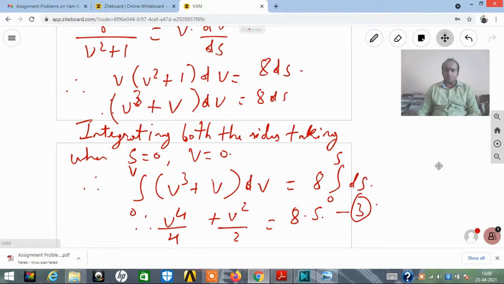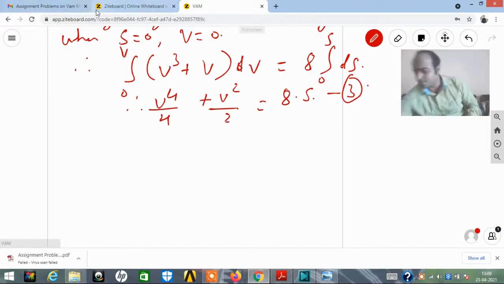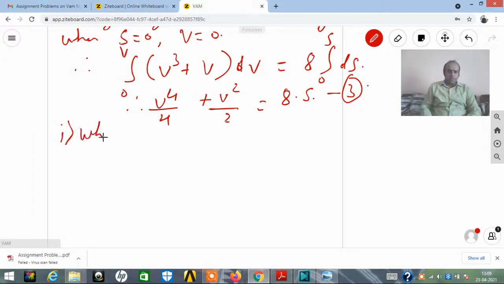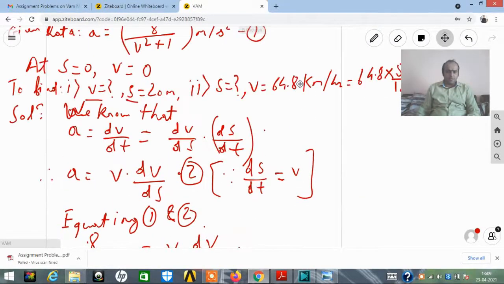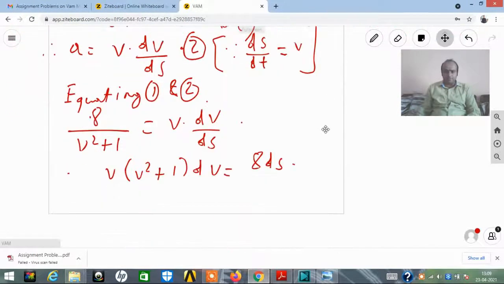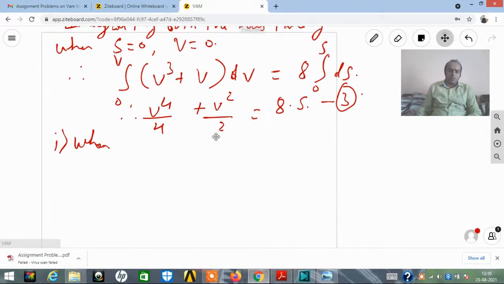Now we just need to substitute the values to get the answers. First, the first condition in the problem: we are supposed to find v when s is equal to 20 meters.